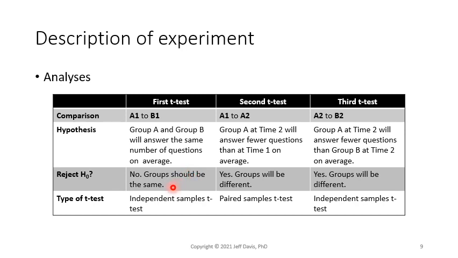But in the second test and in our third test, we're hoping to see a difference between the groups, because in both of these conditions, this comes after group A has been exposed to the stressor.